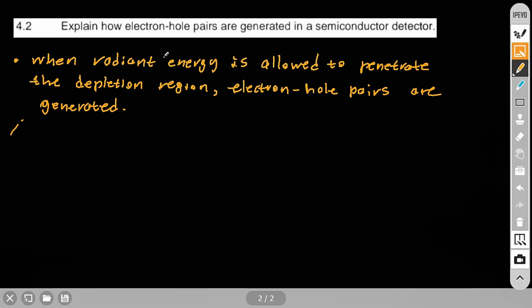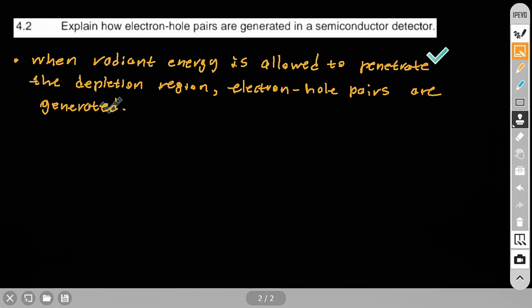So guys, that is your definition, which was 4 marks, by the way. So even if you forget the whole definition, make sure you grab a few marks by writing when radiation energy is allowed to penetrate. You'll get a mark, right?